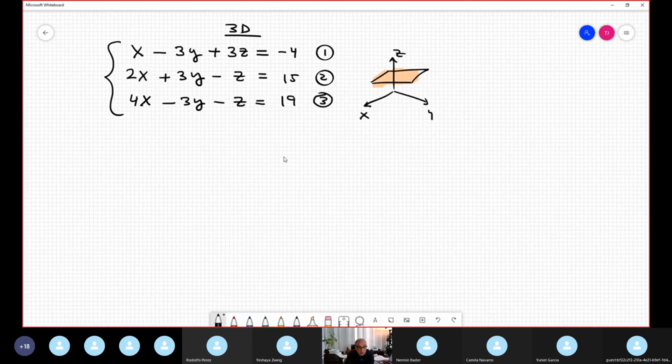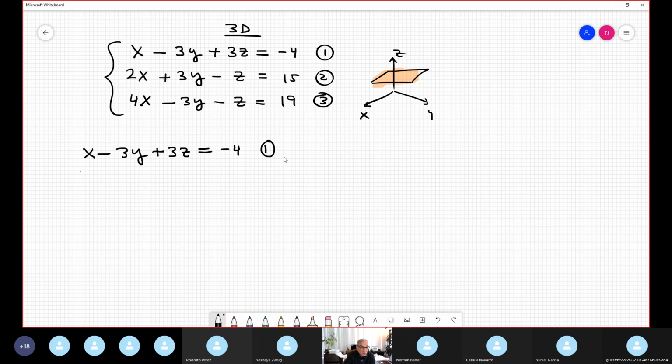What is the organization? Please pay attention, it's not hard, but it's systematic and you need to do it that way. You pair two equations. For example, I want to pair equation 1 and equation 2. Why do I do that? What is the clue that tells me this is a fantastic combination?